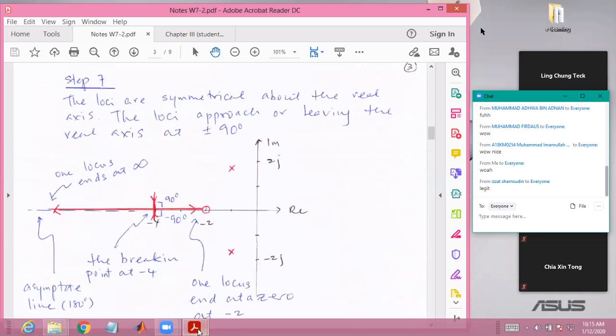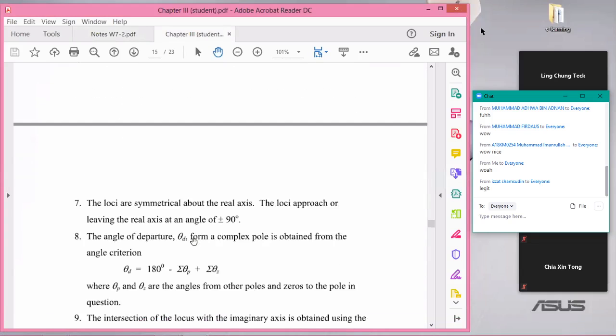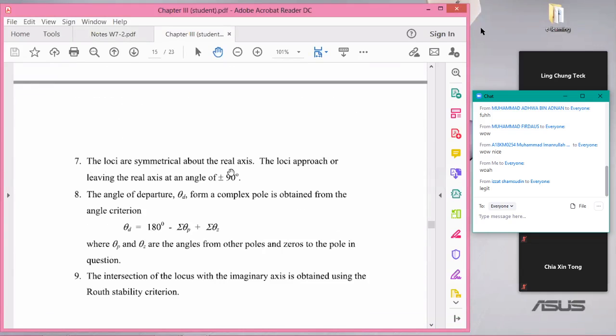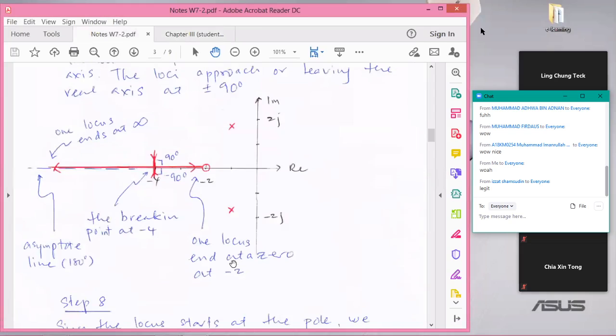Okay, and then step 7. The loci are symmetrical about the real axis, and they approach or leave the real axis. Yesterday we had the locus leaving. Today we have the locus approaching the real axis. It will approach the real axis at the breaking point at an angle of plus and minus 90 degrees. So this is the breaking point at -4 that we have computed, and the locus will enter that point at 90 degrees from the top, and it will enter from the bottom at -90 degrees.